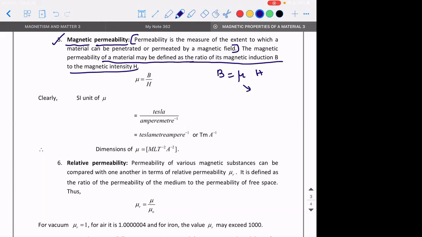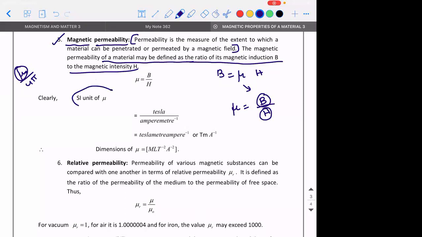It's not the permeability of free space. Mu is the permeability of every material. Till now we were using mu naught by 4 pi everywhere. Here mu naught is the permeability of free space, whereas mu is the permeability of a material. So mu is defined as the ratio of the magnetic induction to the magnetic intensity in the material.